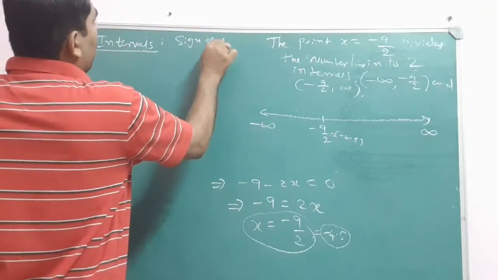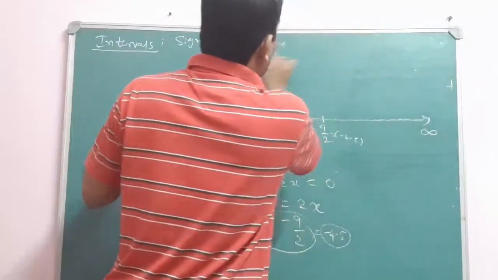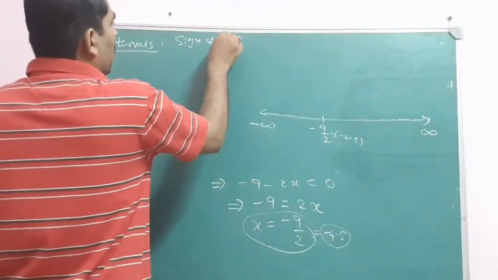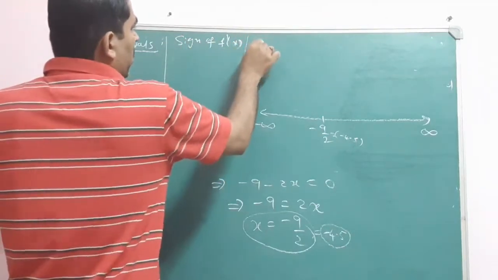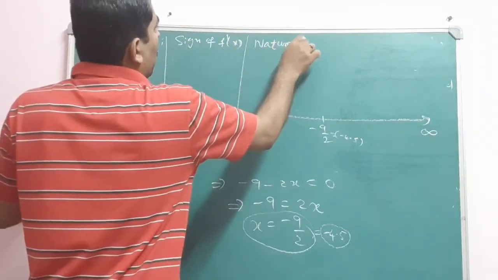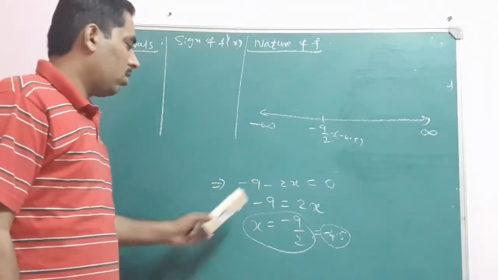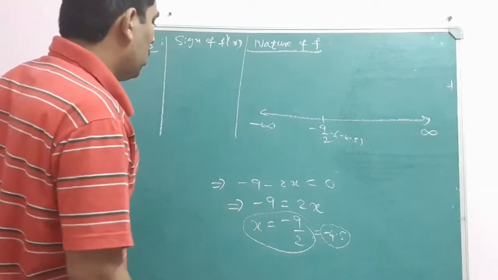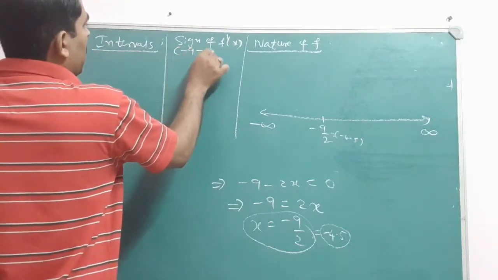Here we need the sign of f dash x, then the nature of the function. f dash x we got is minus 9 minus 2x. So let me write this: minus 9 minus 2x.